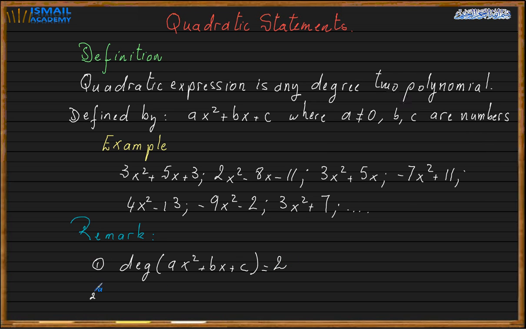The second remark, the leading coefficient a of the quadratic expression can never be 0. So those are the keys of the quadratic expression.